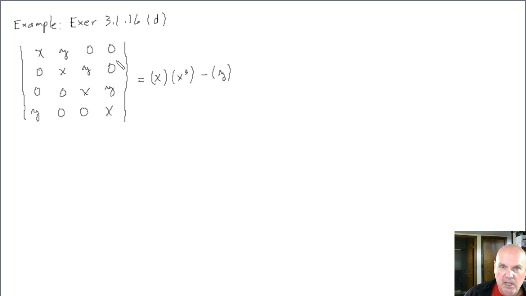Looking at what's left, I have a lower triangular matrix. All of the elements above the diagonal of the resulting 3 by 3 are 0. So again, quite easily, the determinant here is y cubed. We're asked to find values of x and y so that the determinant is equal to 0.